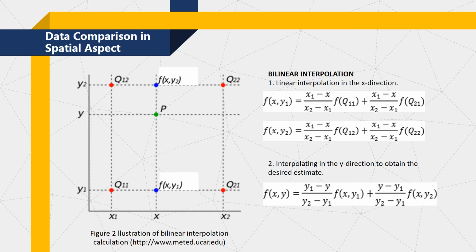So it is the method, or the approach, how to get data, especially model data, not in one grid but at some point in a specific grid, because we know that a model has a grid that is actually spatial.